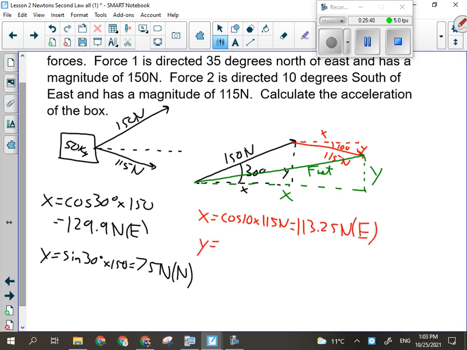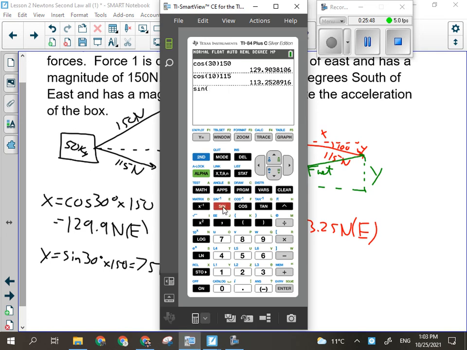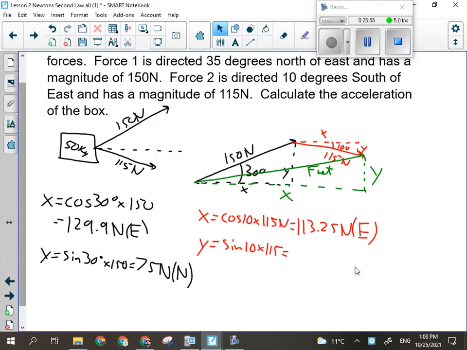And then y is the opposite side, so it'll be the sine of 10 degrees times 115 newtons. And then it's 19.97 newtons, and that's south.